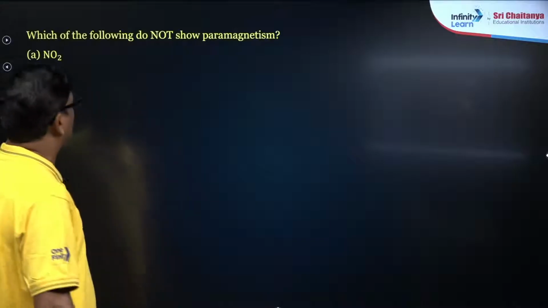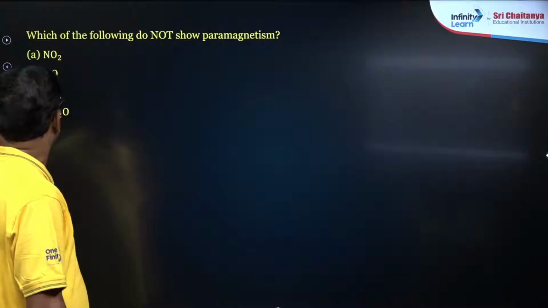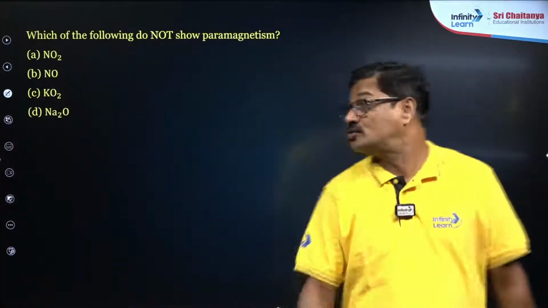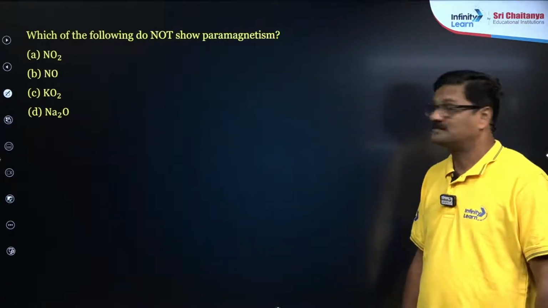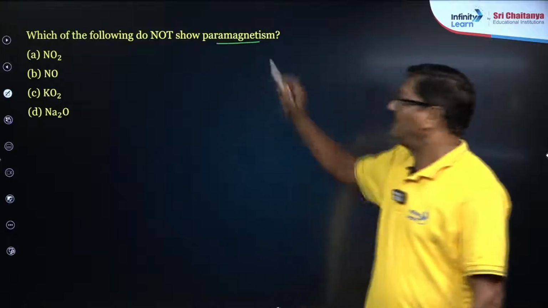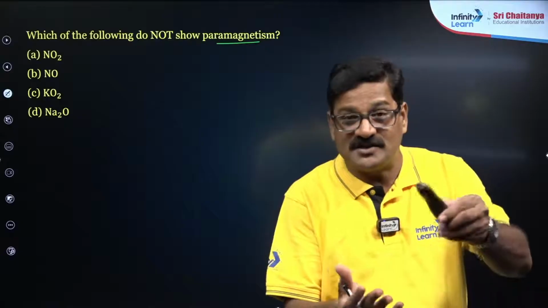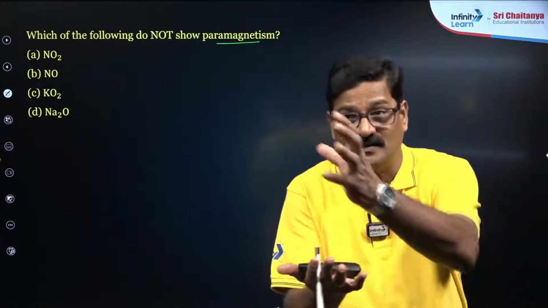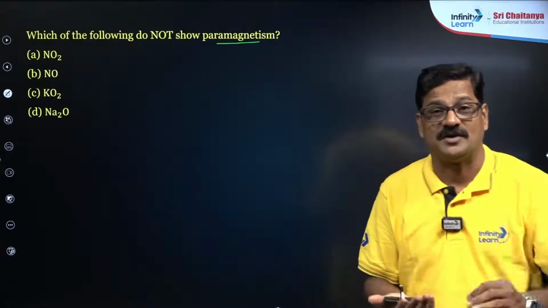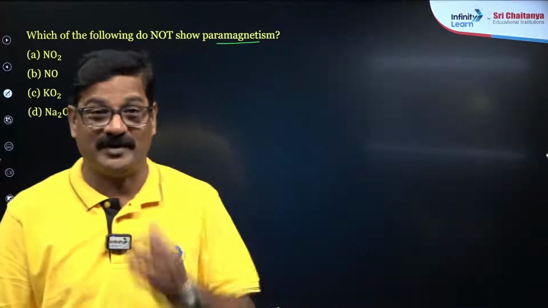Which of the following do not show paramagnetism? What is the meaning of paramagnetism? Whenever the substance is placed in the magnetic field, the substance is strongly attracted towards the magnetic field. Such substances are called paramagnetic substances, and the phenomenon is known as paramagnetism.